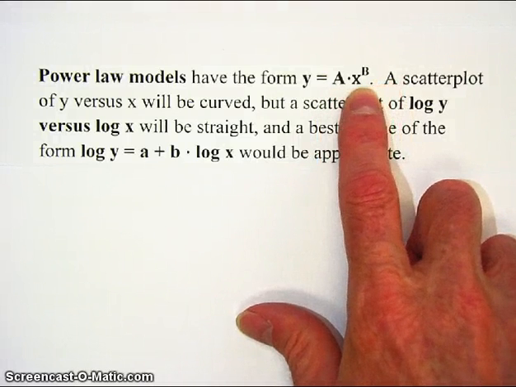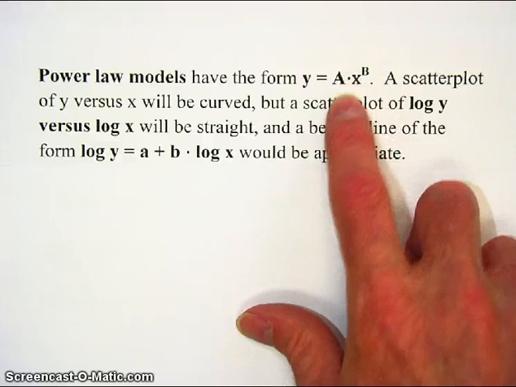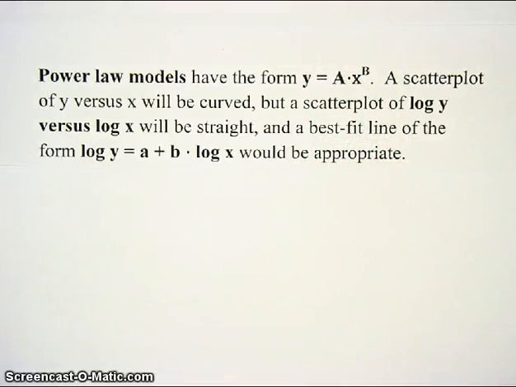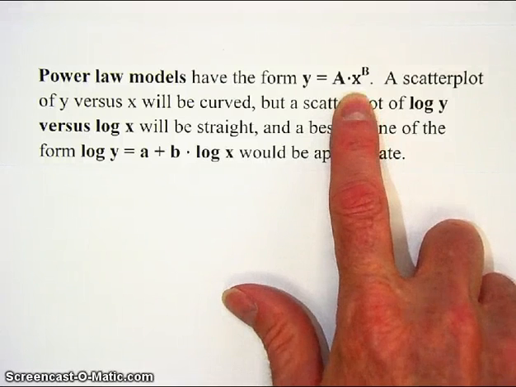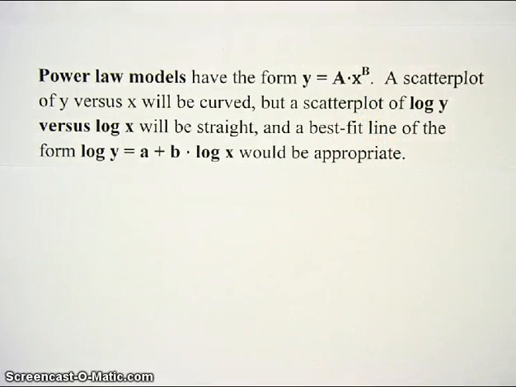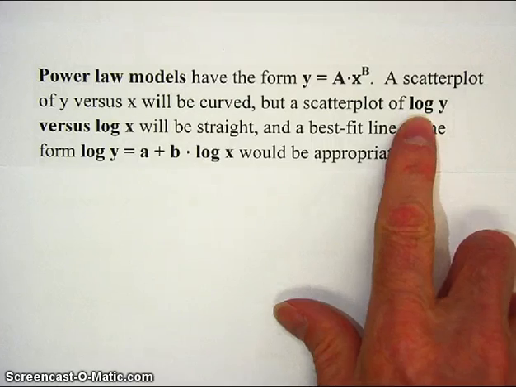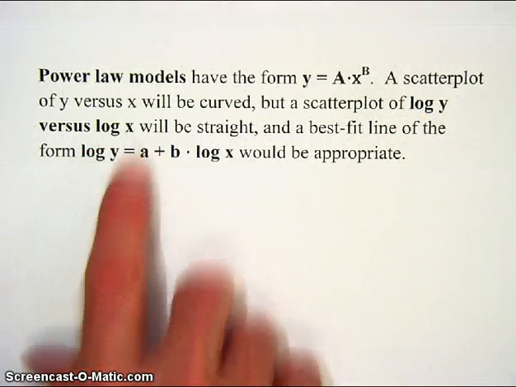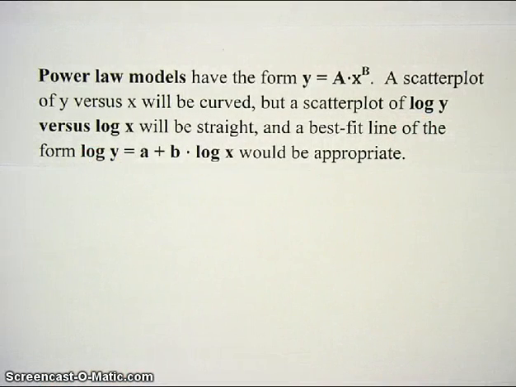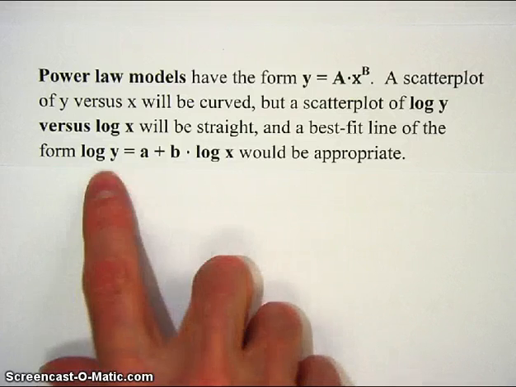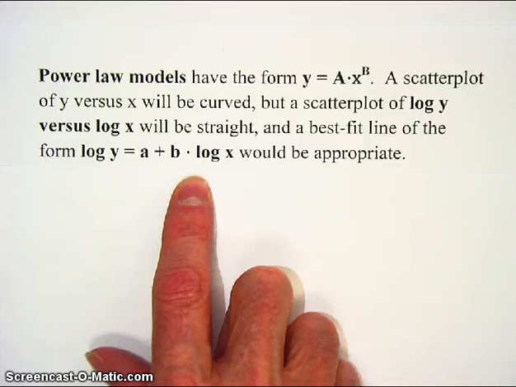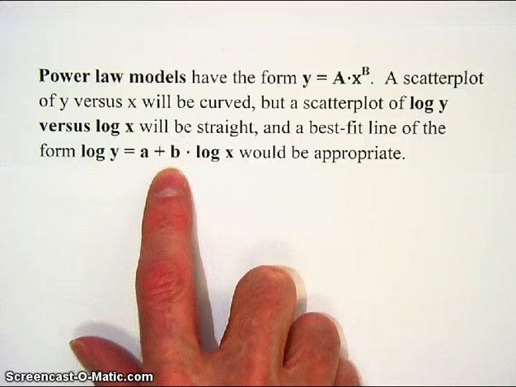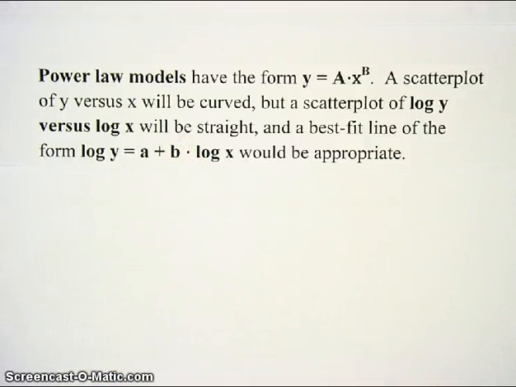Here x, the explanatory variable, is the base of this power expression. A scatter plot of y versus x would be curved if this were the appropriate model relating y to x. But if you log both y and x and make a scatter plot of log y versus log x, that scatter plot should be straight. And a best fit line of the form log y equals a plus b times log x would be an appropriate linear model to fit to that straightened scatter plot.